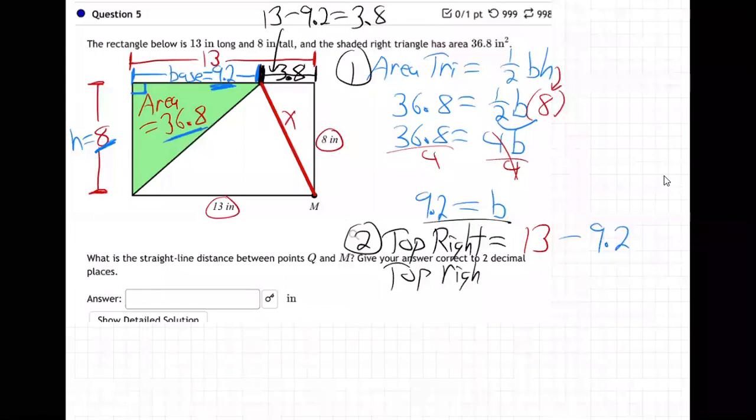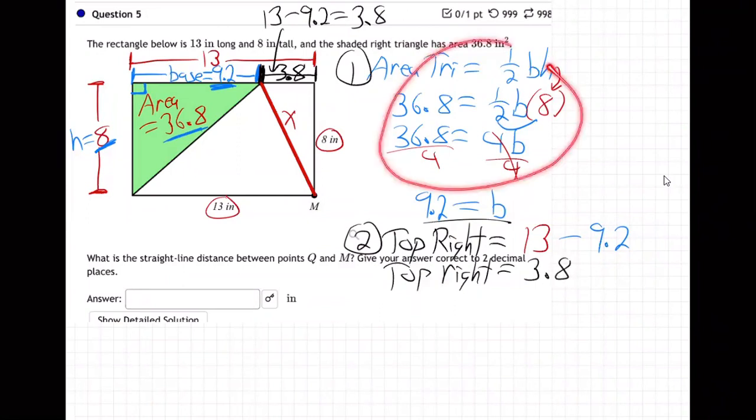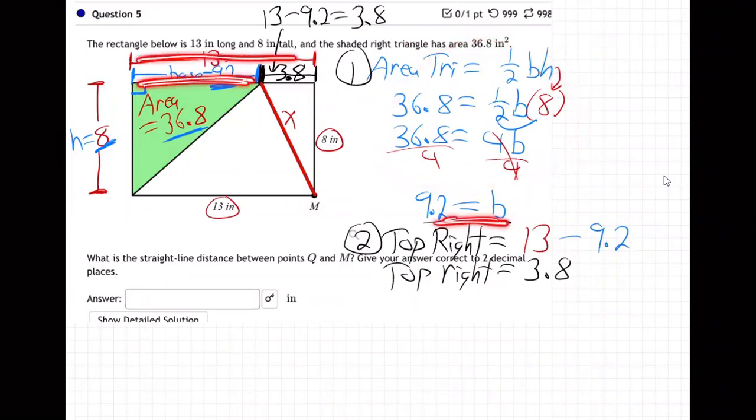So the top right section comes out 3.8. That's step 2. So step 1, I did the area of a triangle formula and found the base of the triangle. And then I subtracted from 13. 13 is all the way across the bottom here. 9.2 is the base, subtract that, get 3.8. That's the top right part, 3.8.